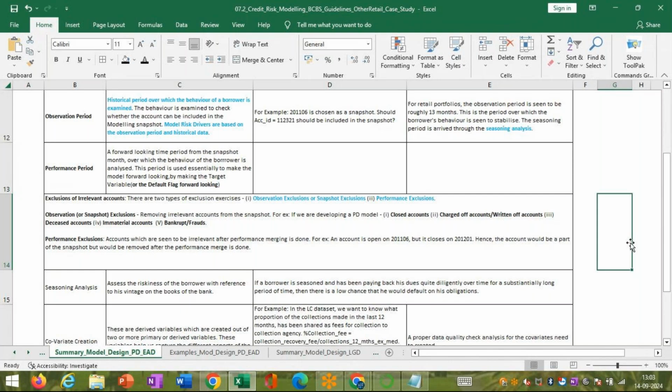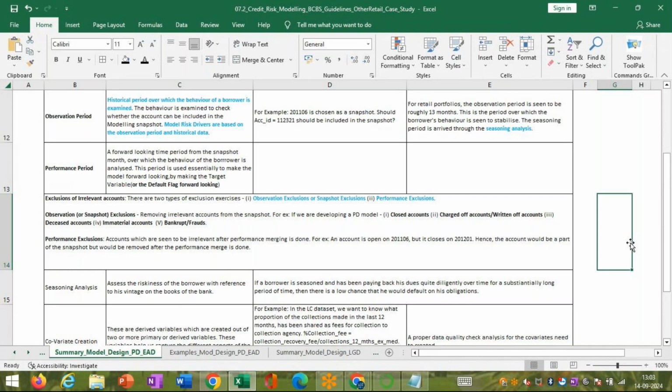At max it can be up to the second quarter of 2023, 2023-06, right? Because if you take September or December, you will not get a complete 12 months of performance.